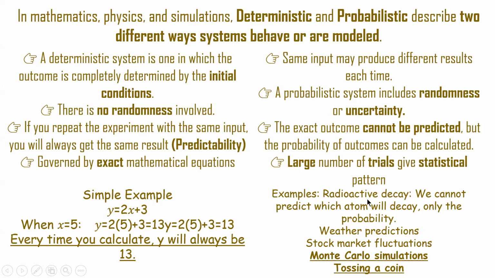Okay. So for example, radioactive decay: we cannot predict which atom will decay out of the total number of atoms in a radioactive element. Then the weather predictions, these are probabilistic values. Although we try to calculate the weather by certain parameters like pressure, temperature, humidity, and all that, still the weather remains unpredictable in most situations. Then stock market fluctuations.